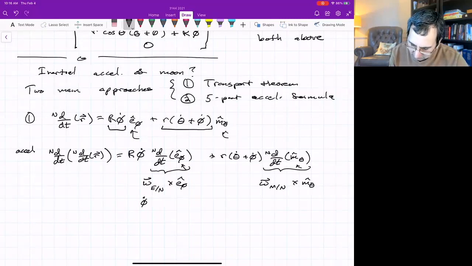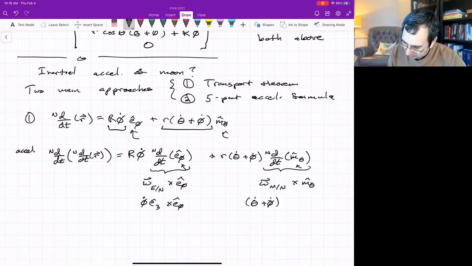This is phi dot E3, I know, E3. Three sounds like phi. E3 cross E phi. And over here was theta dot plus phi dot E3 cross m phi. And we have to use the right-hand rule.